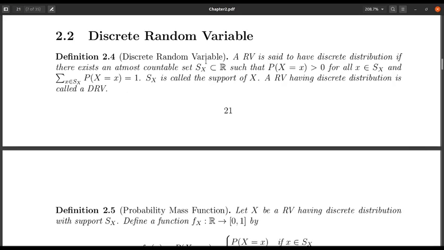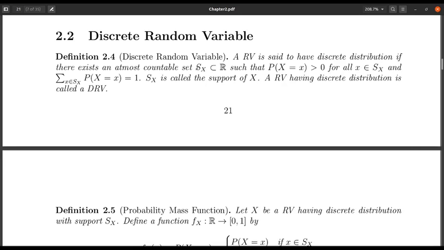If I can find an at most countable set such that for each point in it the probability is strictly greater than 0, and the sum over x belonging to Sx of the probability that x equals x is 1, that means the probability that x belongs to Sx is 1. Then we call the corresponding random variable a discrete random variable, and the corresponding distribution a discrete distribution.